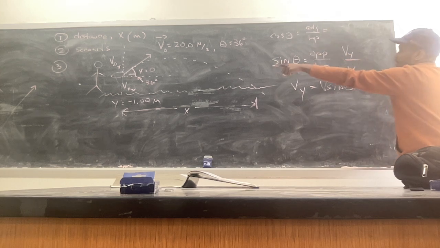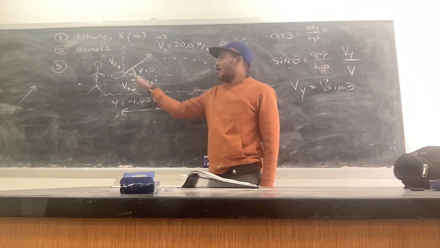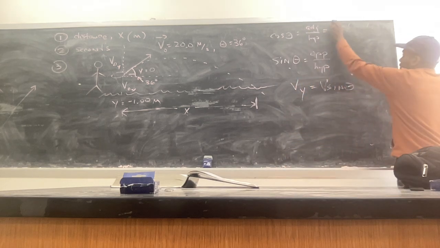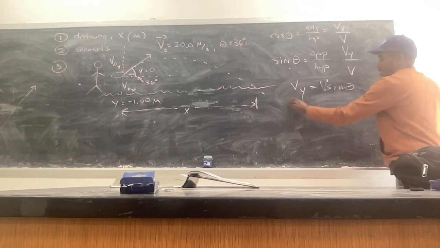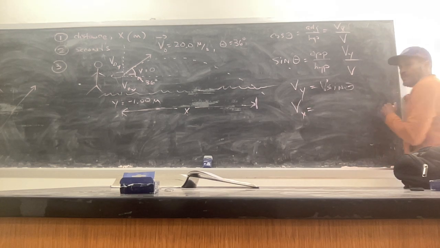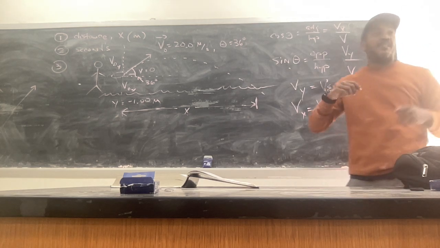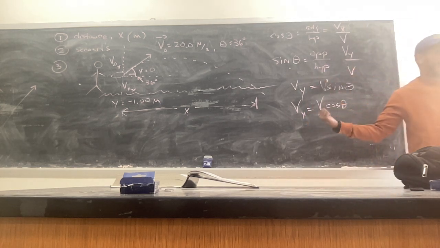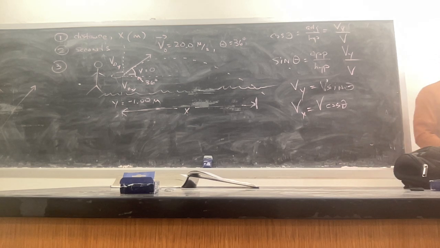The adjacent side is this, that's the x component, over V. So Vx equals V cosine theta. So I have the initial speed in the x direction and the y direction.